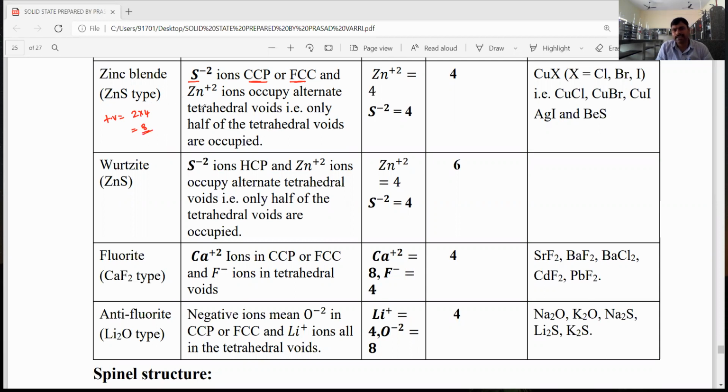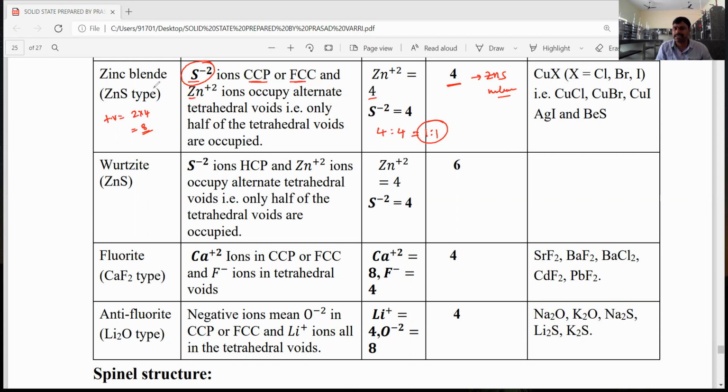Out of 8, alternately one is vacant and one is occupied by Zn2+. So 4 Zn2+ are present, and here 4 S2- ions are present. 4 and 4 means 4 ZnS molecules are present. The coordination number is 4:4, which is nothing but a 1:1 coordination number ratio.